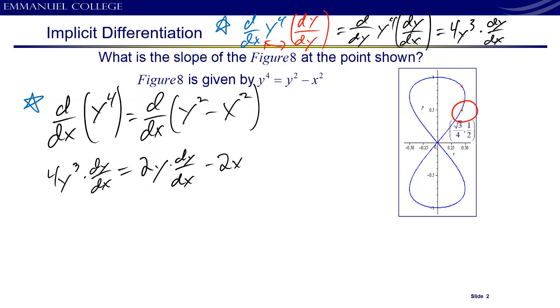However, we do now have to do the second part, which is I need to collect my dy dx terms, which means I need everything with a dy dx on one side and everything without it on the other side. So what I'm going to do here is subtract 2y dy dx from both sides.